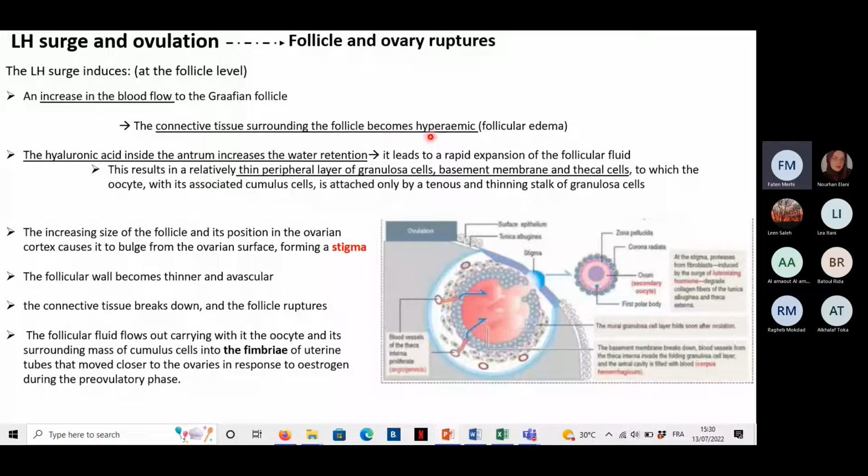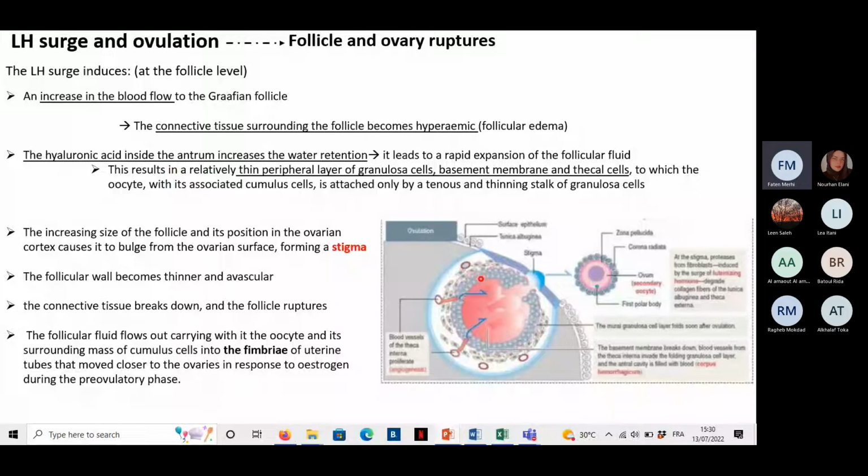We can say that the connective tissue surrounding the Graafian follicle will become hyperemic, like forming an edema, rich in water. We will have a follicular edema. So the connective tissue will become hyperemic.